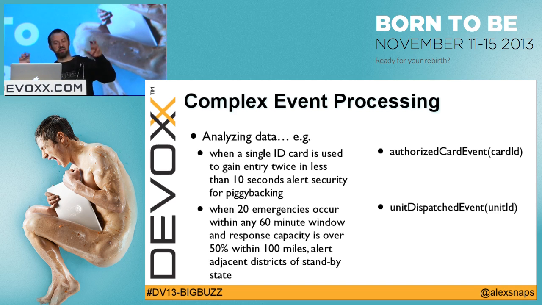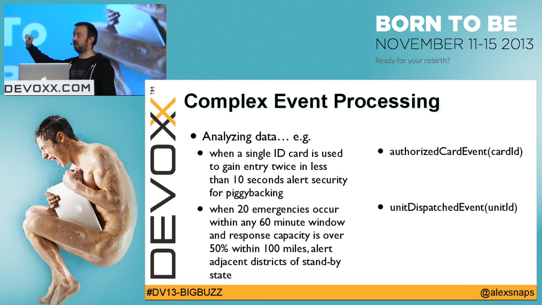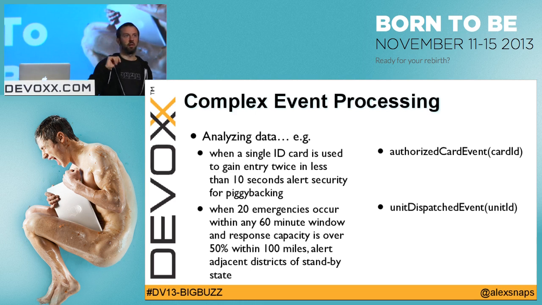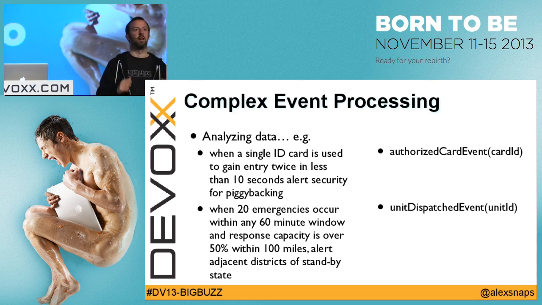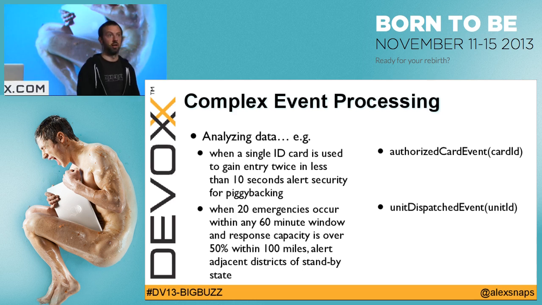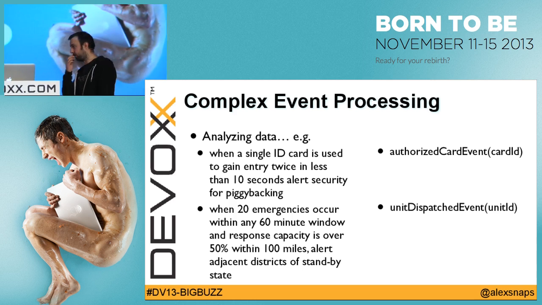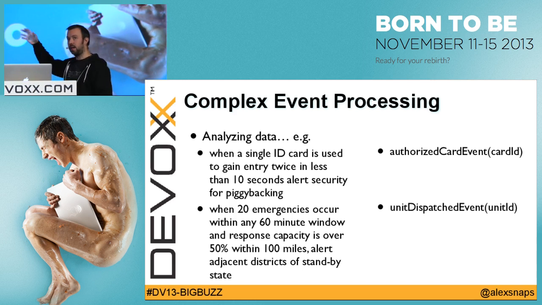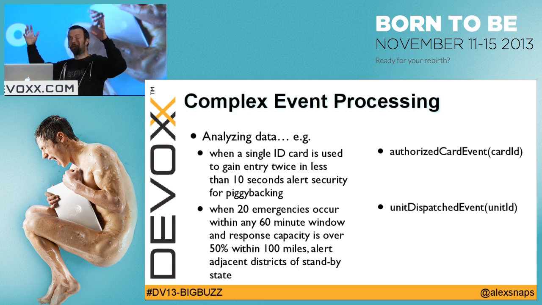Rules are expressed in an event programming language of some way, where I can say, when a single ID card is used to gain entry twice in less than 10 seconds, that probably means I want to alert security because somebody's probably piggybacking, right? So I badge in, then I hand the card to you, and you badge in again right in our back. And we don't want that to happen, right? So I can then create another alert of some kind, whatever that means, to alert security.